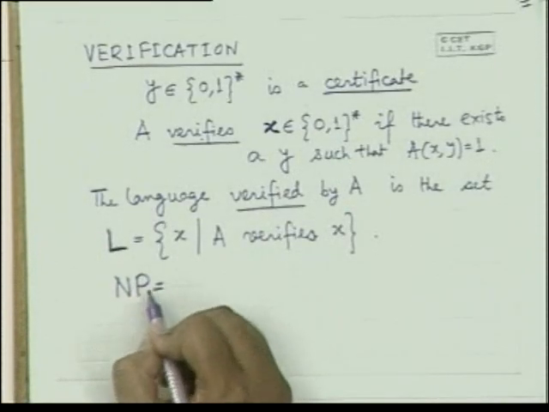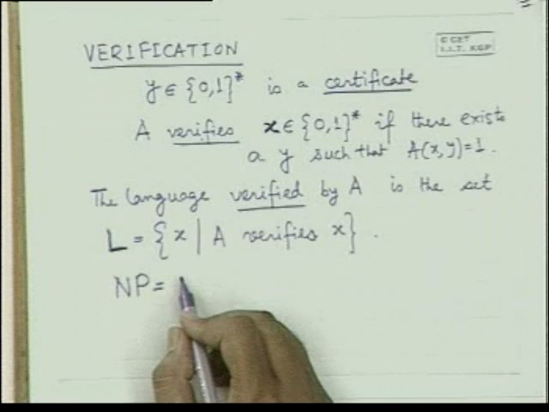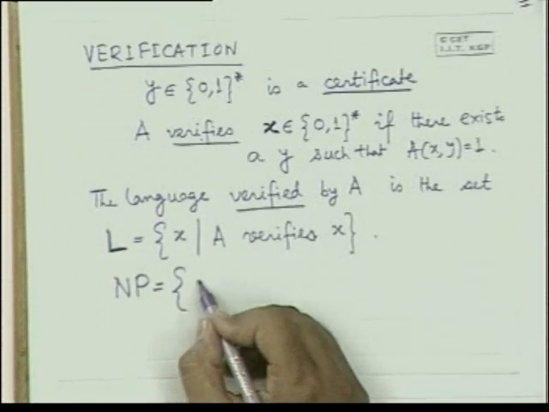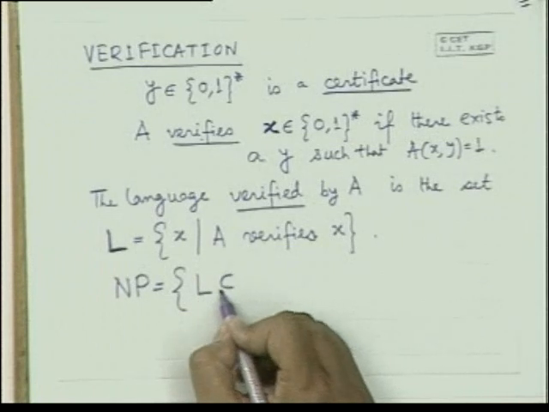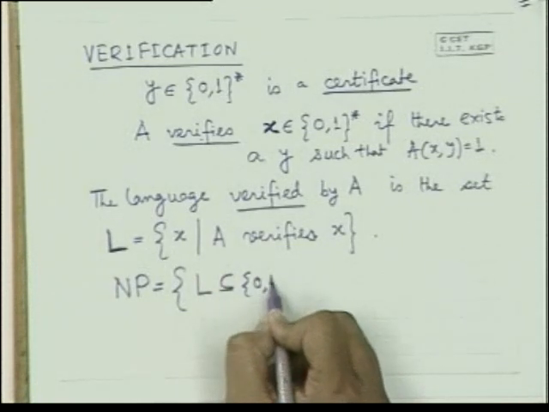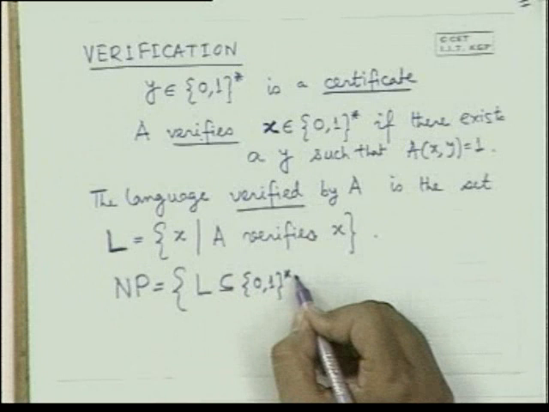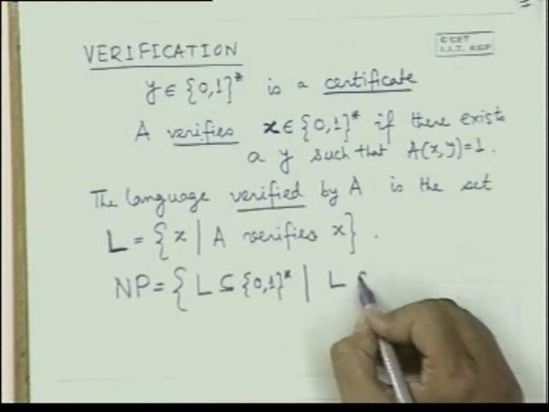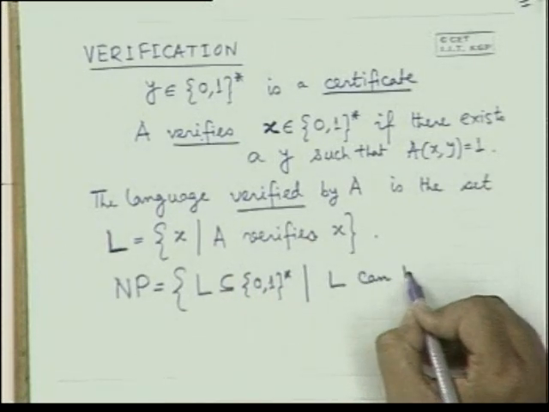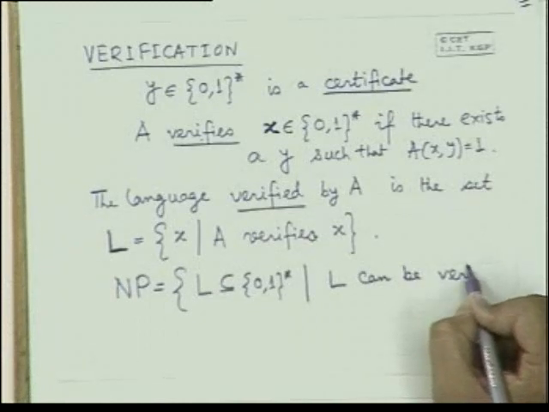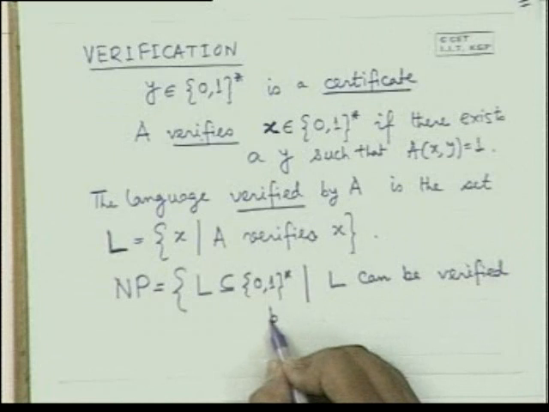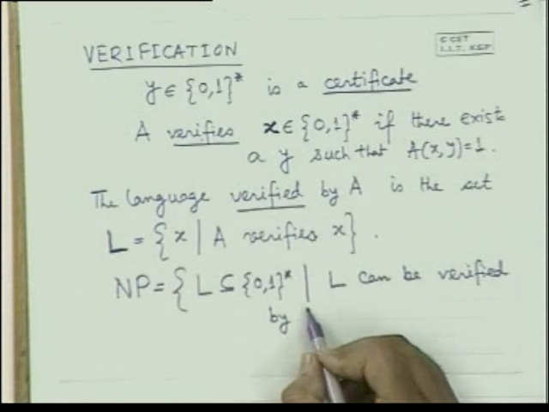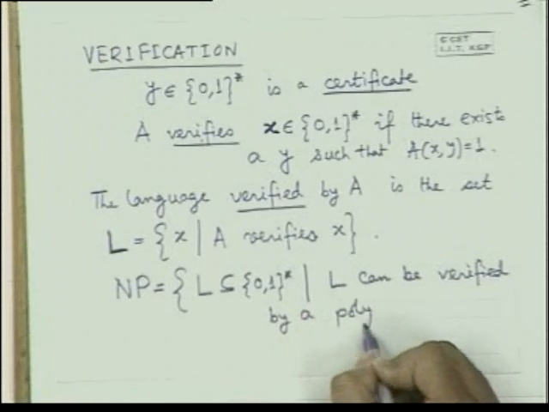So NP is the set of problems, a class of problems. Problems, as we know, are represented by languages. So NP is the set of those languages L such that L can be verified by an algorithm, but that algorithm should run in polynomial time.